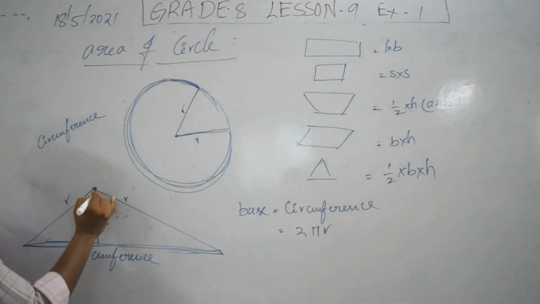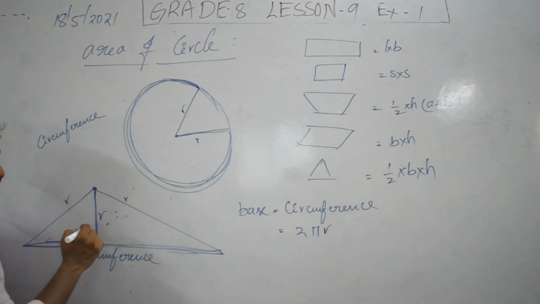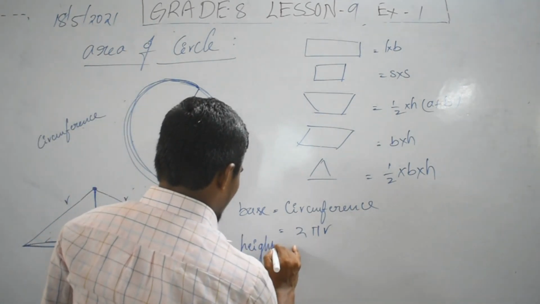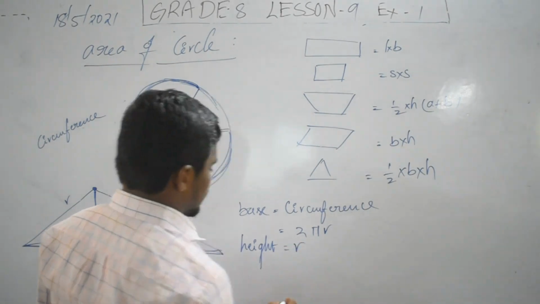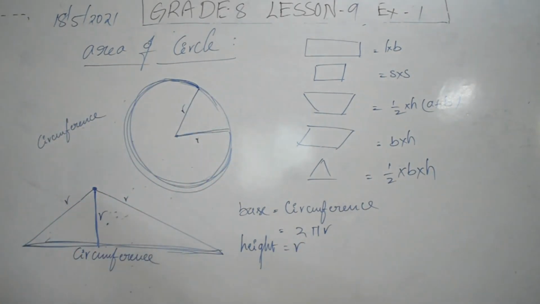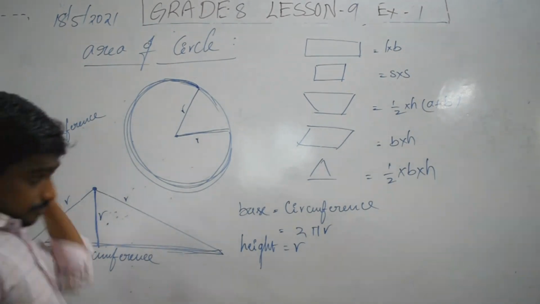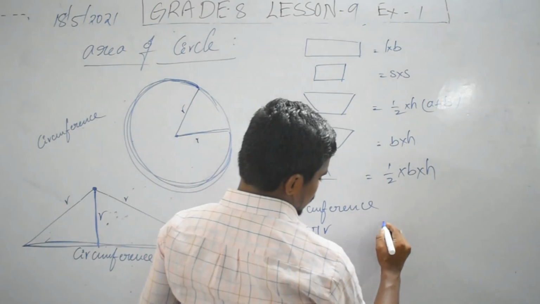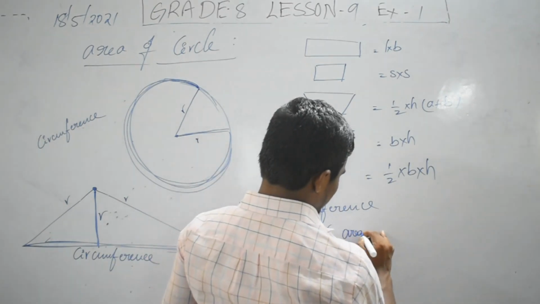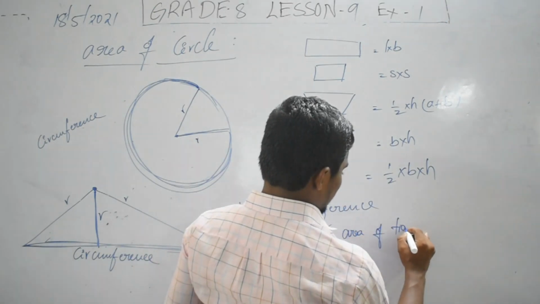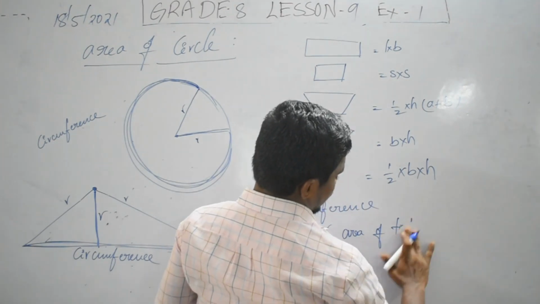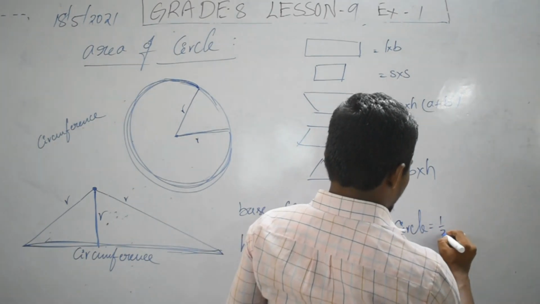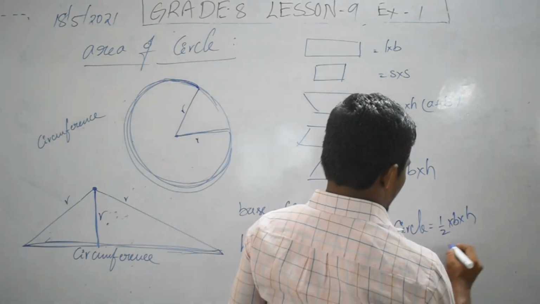Now this is a center. This is a radius. Now height: here height equals radius. So what is the area of the triangle? Area of the triangle is half into base into height.